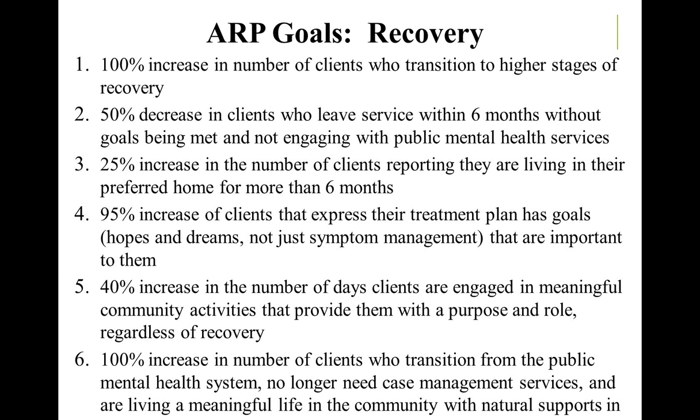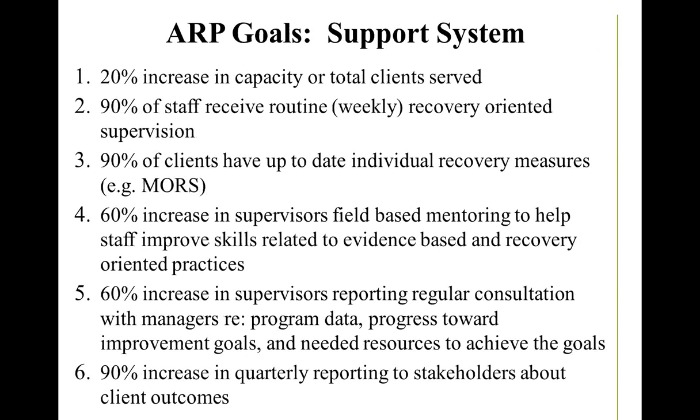So these serve as examples of outcome goals, but we also have some system goals. So we have some goals for how we're hoping our system changes, that we'll in fact be able to see more clients total with the same number of resources, that staff receive recovery-oriented supervision. That's an important system change that we want to measure because it's indicative of and predictive of good outcomes for clients.